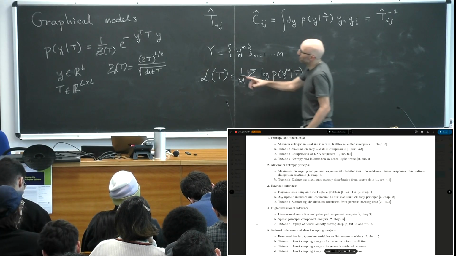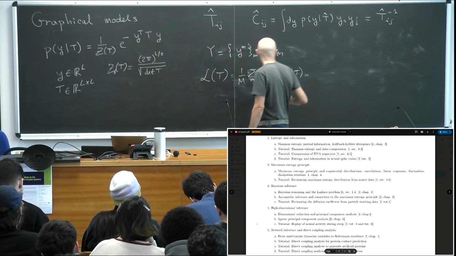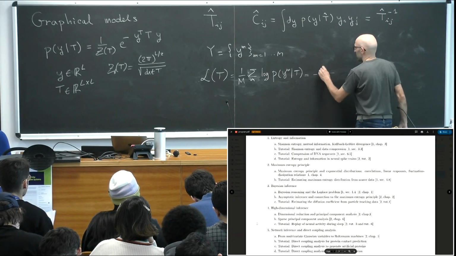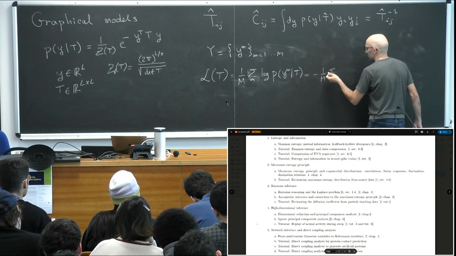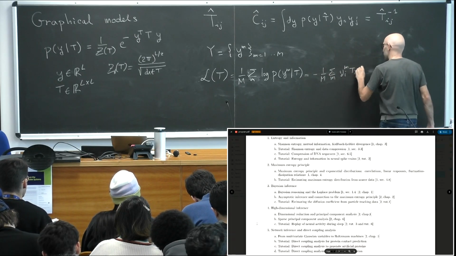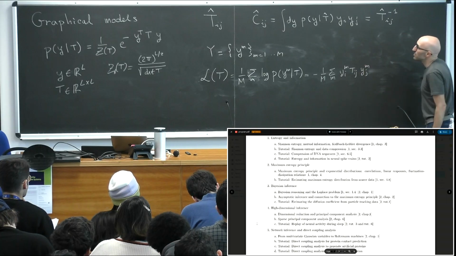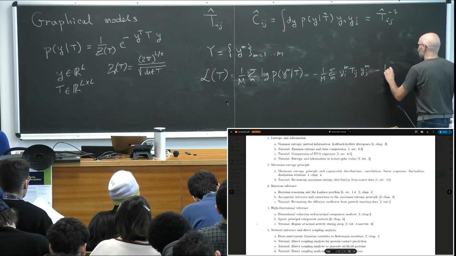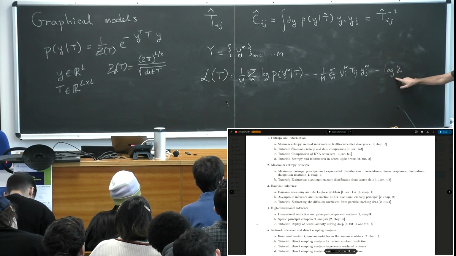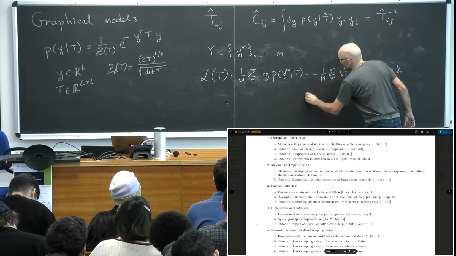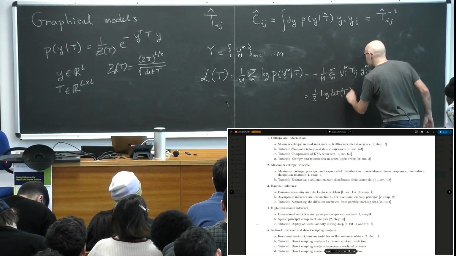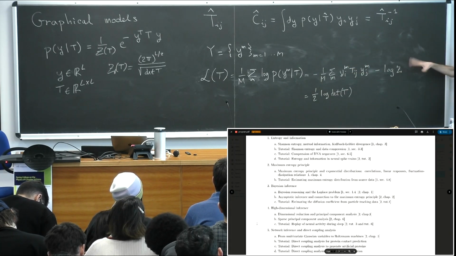If I plug this here, I get minus 1 over m sum over m of y_i^m T_ij y_j^m minus log Z. And then this term gives me 1/2 logarithm of the determinant of T plus constants that I drop.